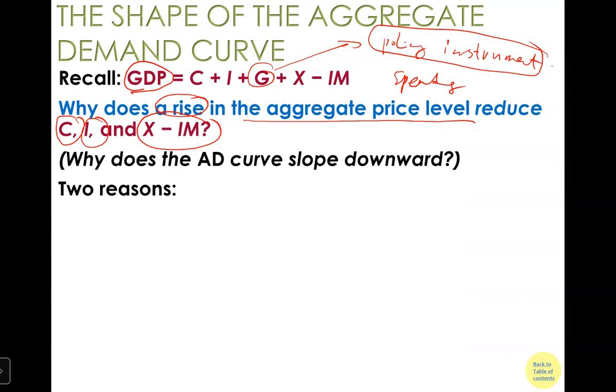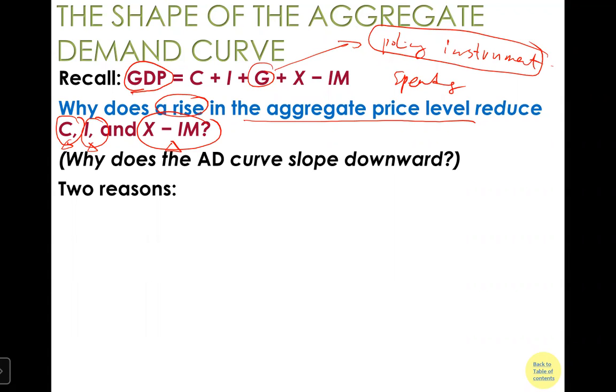As a matter of fact, the government may do the opposite, meaning when the price increases and, as we see, the aggregate demand decreases, the government may do the opposite and increase the spending, right? But anyway, for now, let's just focus on why a price increase can potentially lead to a decrease in C or I or net export.